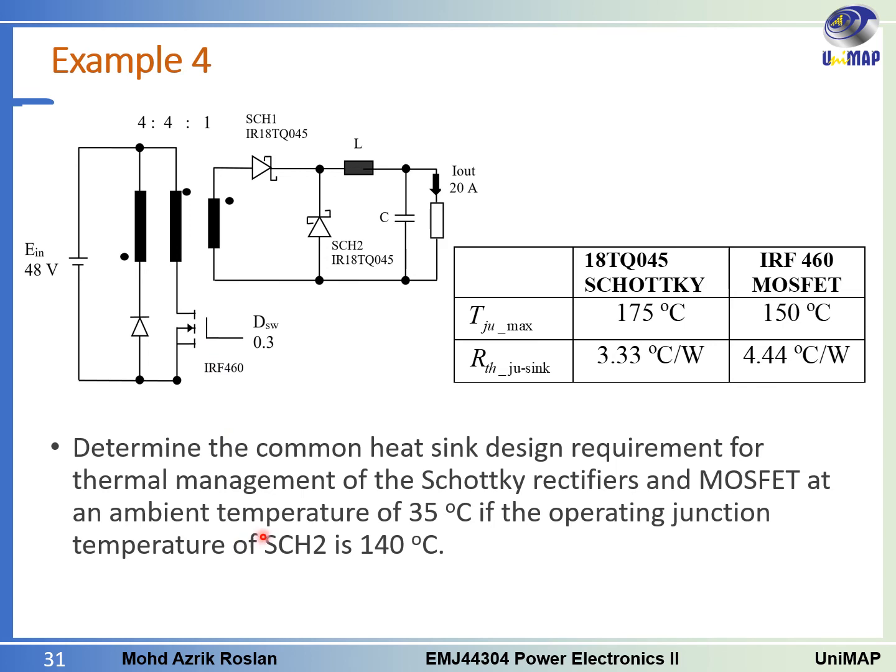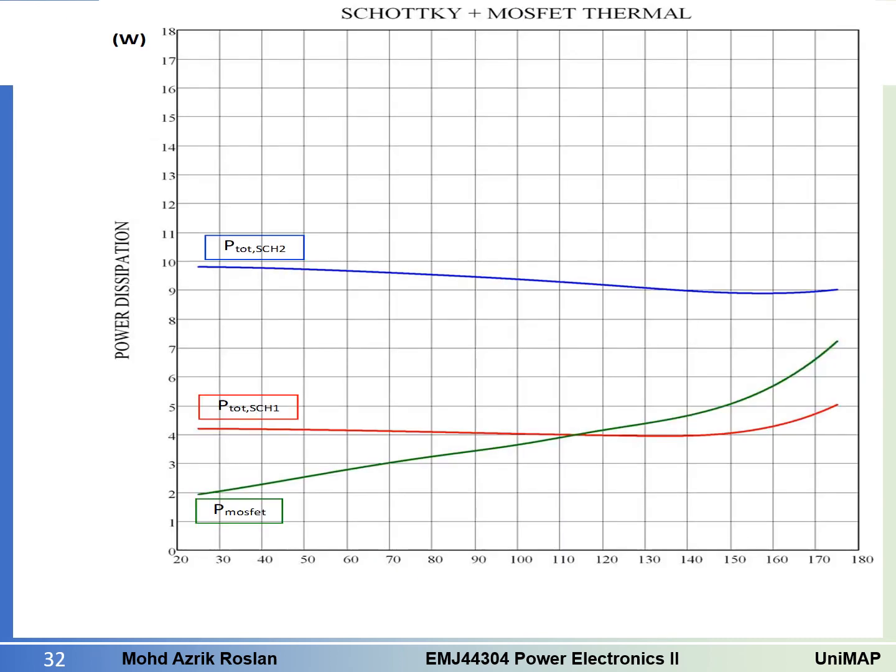The ambient temperature is set at 35 degrees C. If the operating junction temperature of Schottky 2 is 140 degrees C, so in this question it already gives the Schottky 2 junction temperature. Remember, this is the Schottky 2 junction temperature, not Schottky 1.